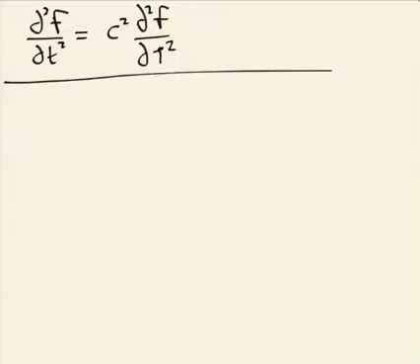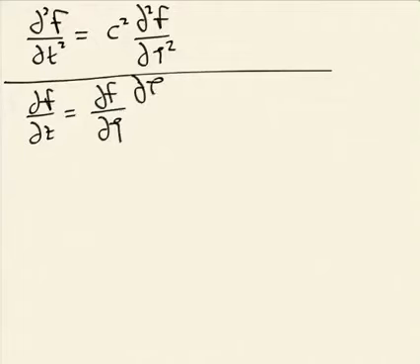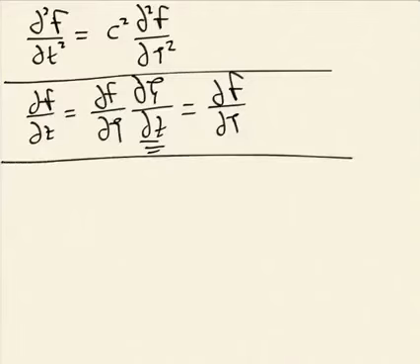Now I can go through the same exercise for the spatial derivative, and it turns out that df dz is the same as df d squiggle. There's only one argument that f depends on. It's that combination of z plus or minus ct. And then I do the chain rule, d squiggle dz. But because squiggle is just z plus or minus ct, this quantity just is 1. So it's the same as df d squiggle. And the same for the second derivative. If I take a second derivative, I just get the second derivative with respect to squiggle.